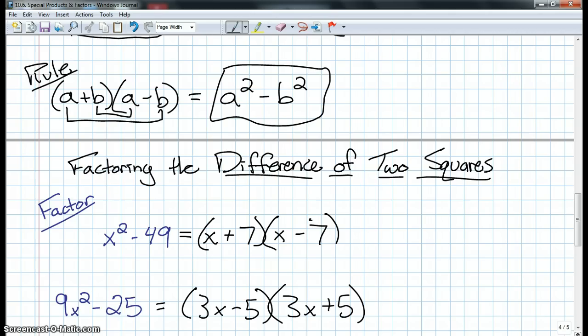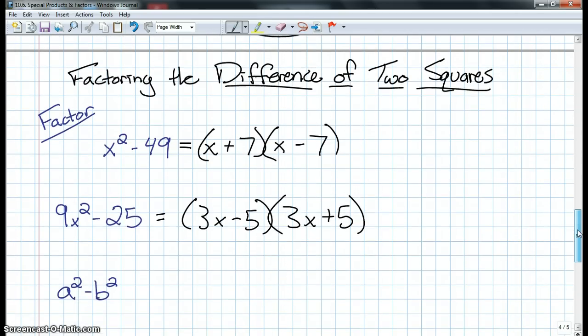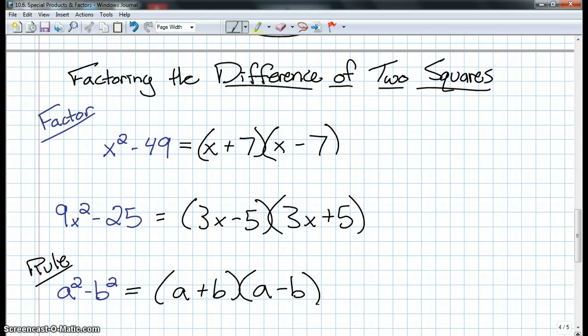Again, guys, you can always FOIL it out, multiply these to check that we get the right answer, but they will work out. And so in general, the last thing here is a rule for factoring the difference of two squares. If we have a squared term and we're subtracting another squared term, it's just the square root a plus b multiplied by a minus b.